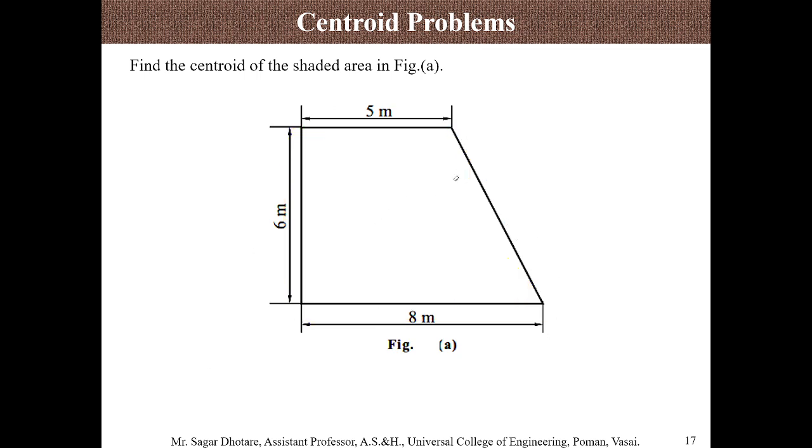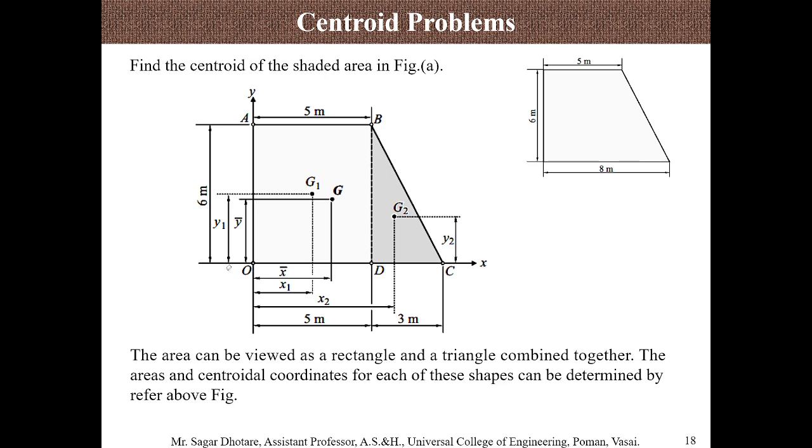So let us calculate the areas. As I said, there are two different x and y values: for the rectangle, the location of the centroid is x bar and y bar for the first one, and for the second one there is another x and y value which we need for the triangle.